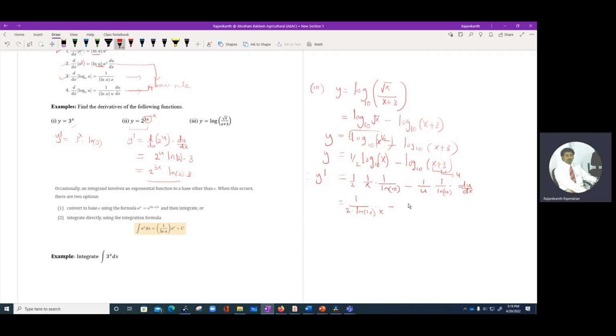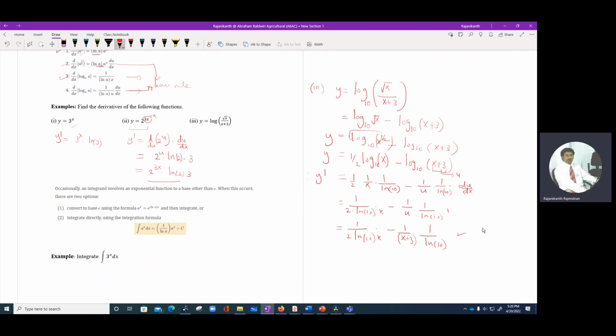Okay, so that's going to be 1 over u times 1 over ln 10 times du over dx, which is just 1. Now go back and replace u by the actual value x plus 3. Therefore, the answer is 1 over 2 times ln 10 times x, and subtract 1 over u, which was x plus 3, times 1 over ln 10, right?